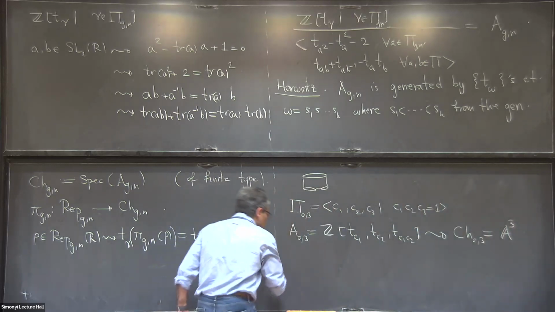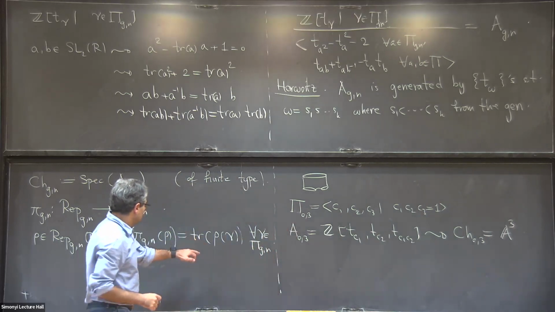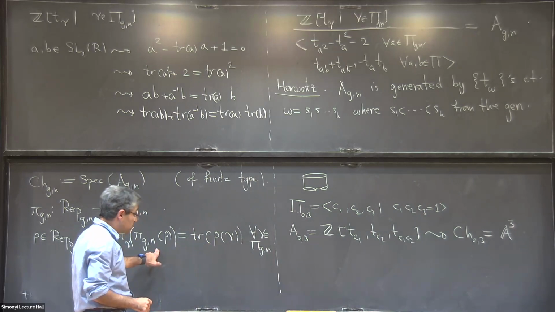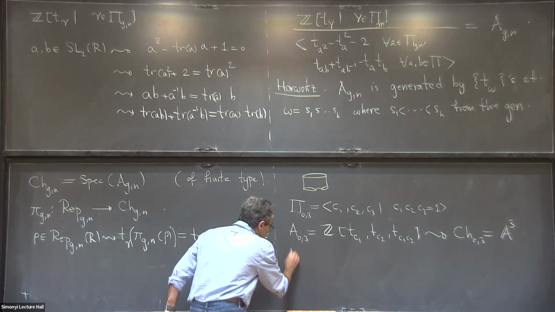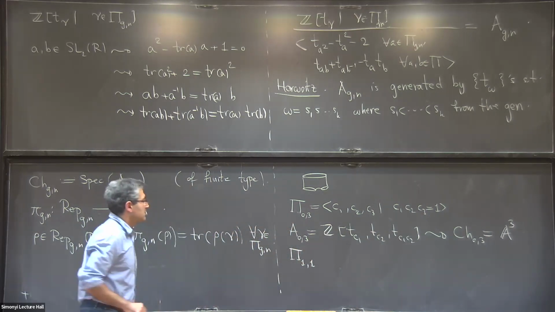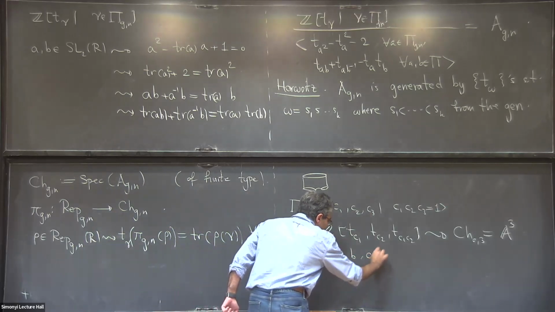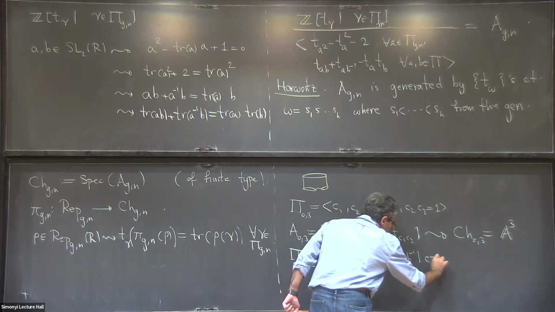And then if you do the same thing for genus 1 with 1 puncture, it's going to be the same. So in that case, if I give you a torus, 1 puncture torus, this one is generated by A, B, C, and the commutator times C is supposed to be 1.